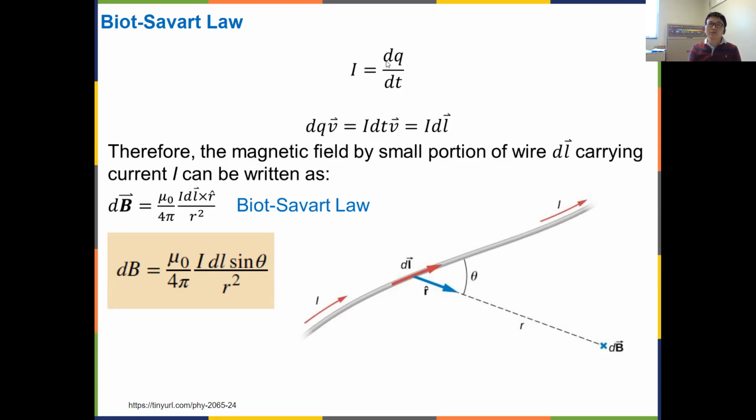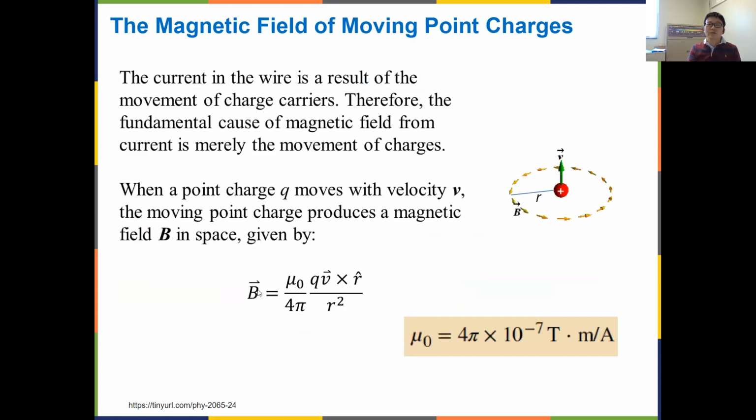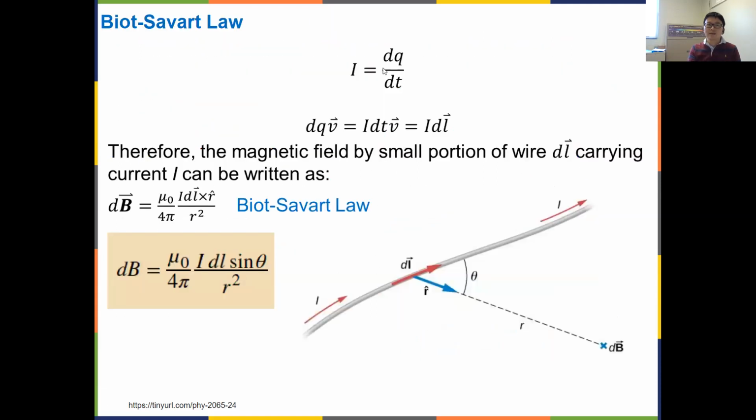If we take dq in place of the charge in the equation from a couple of slides back, then the magnetic field becomes a derivative, dB, equal to dq v cross r. Coming back here, dq becomes I times dt, so dq times v is I dt times v.